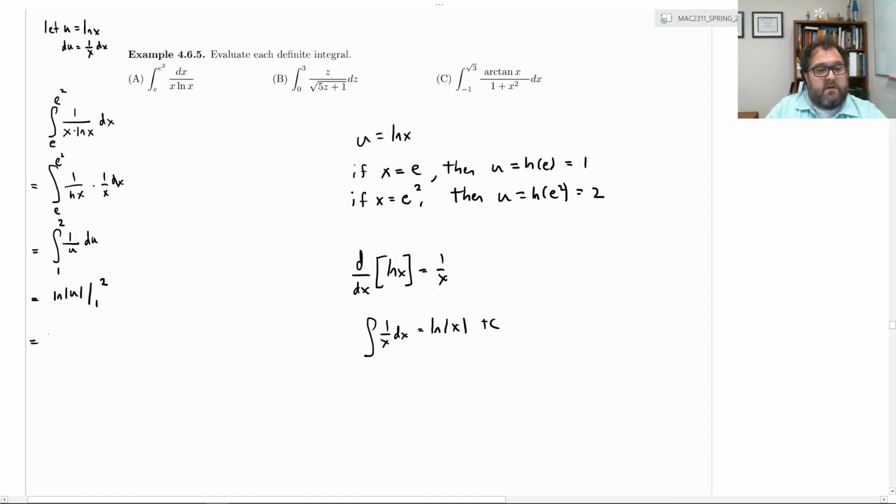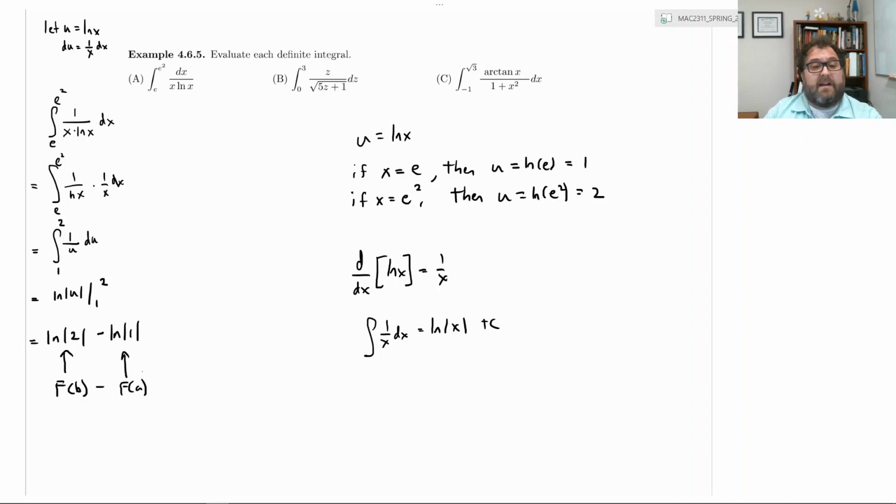We first substitute in 2, so we have natural log absolute value of 2 minus natural log absolute value of 1. Just to remind you, this is capital F, the antiderivative, evaluated at b, minus capital F, the antiderivative, evaluated at a. So that's capital F of b minus capital F of a.